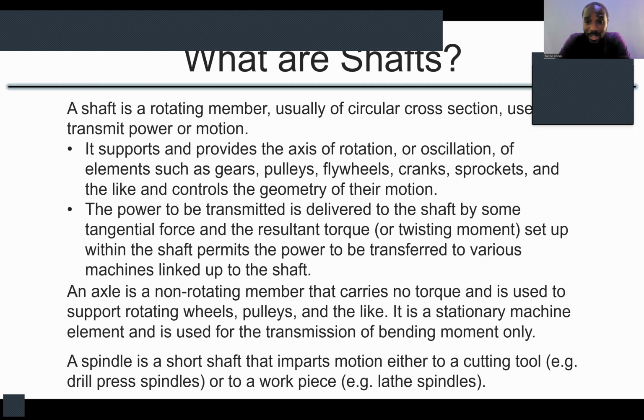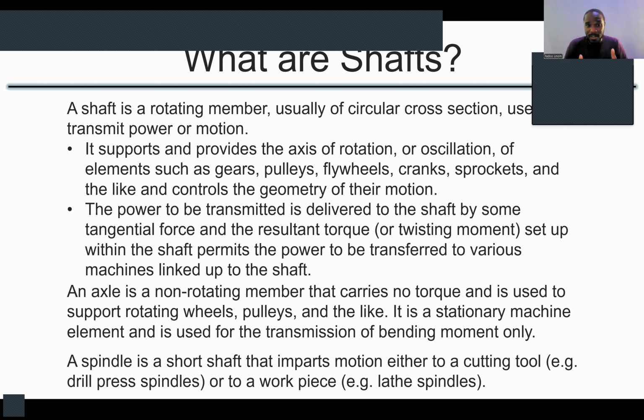Some can be oval, some can be star shaped, some can even be square, right? But it becomes really difficult to manage all the other things that need to be coupled to the shaft to make it transfer its power to a different shaft. So shafts usually have a circular cross section, and the function of the shaft is to transmit power or motion.